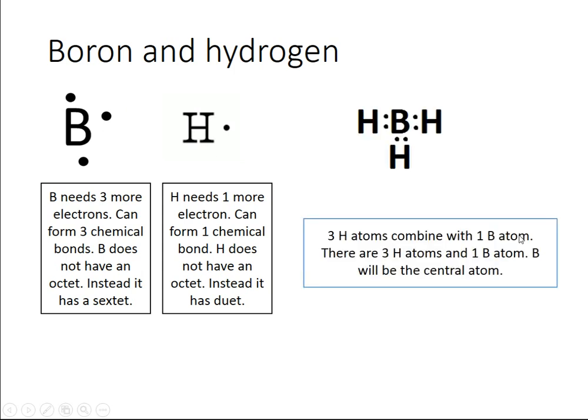So this is what we are going to have. This is the Lewis diagram of boron and hydrogen. The 3 hydrogen atoms combine with 1 boron atom. So there are 3 hydrogen atoms and 1 boron atom. In this case, our boron will be the central atom because we have 3 of these.